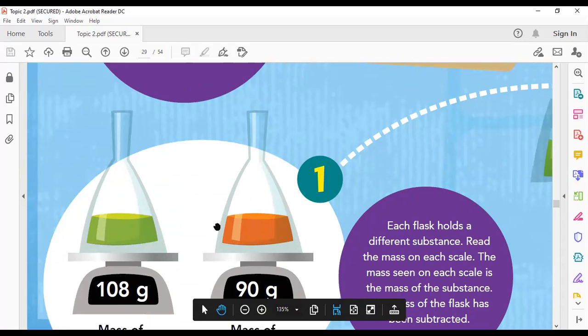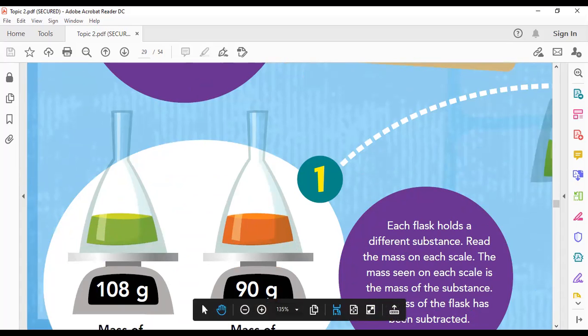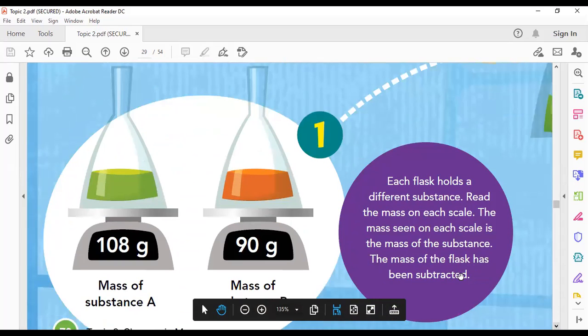Each flask holds a different substance. Read the mass on each scale. The mass seen on each scale is the mass of the substance. The mass of the flask has been subtracted.